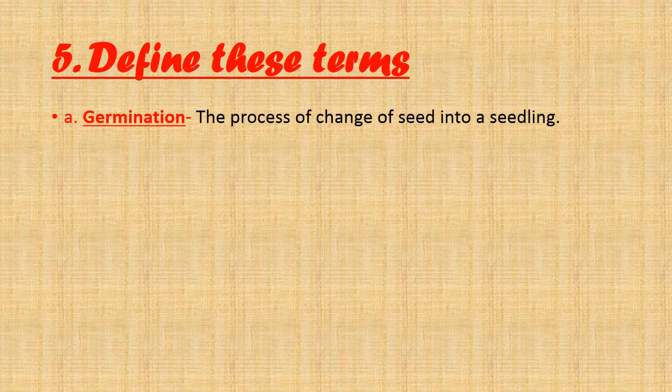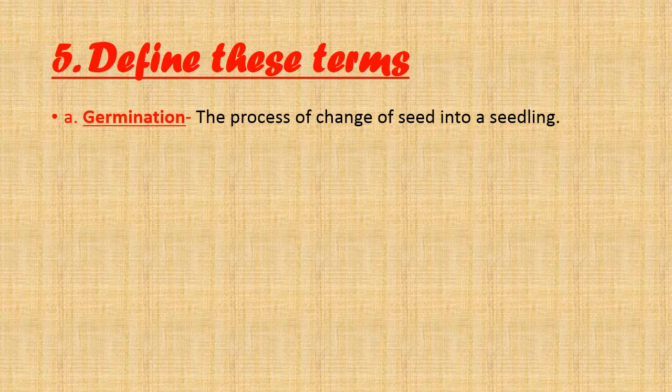First is germination. We all know that germination is a process when a seed will change into a seedling. Understood? So, the process by which a seed grows into a seedling will be called germination.